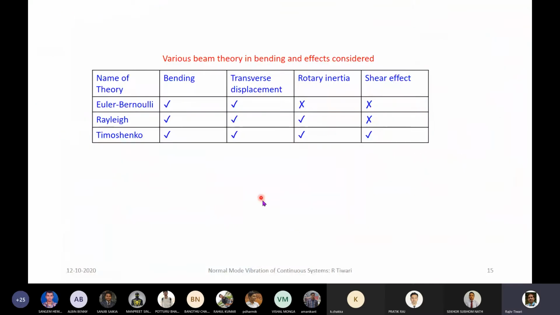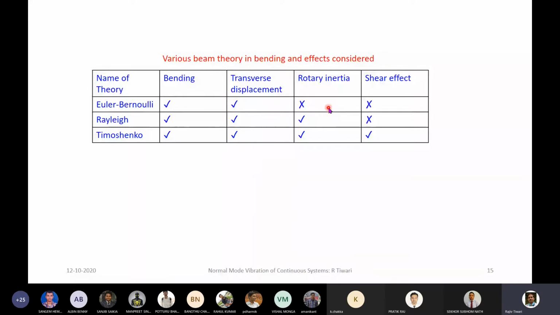This is the summary of the various effects which we considered. Like in the Timoshenko beam, we consider the bending, transverse displacement, rotary inertia, and shear, all effects. If we ignore the shear effect, then that particular beam is named Rayleigh's beam.